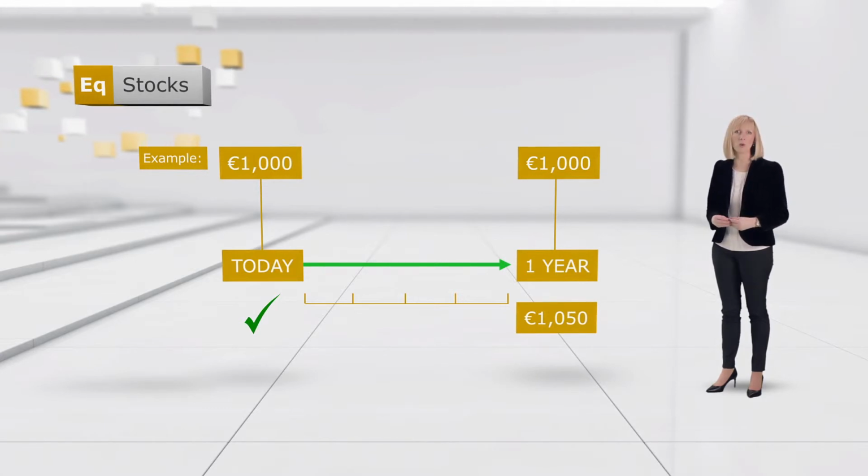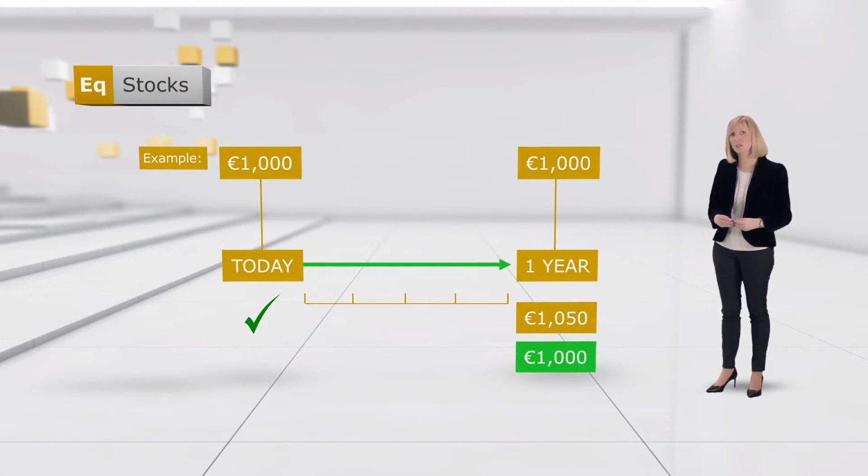So effectively, you're saying that the 1,050 euros that you would have in 1 year is worth 1,000 euros today. Therefore, the discounted value of 1,050 is 1,000. If you use this calculation to forecast all the cash that you expect a company to generate in the future, then you can make a good estimate as to that company's present value.